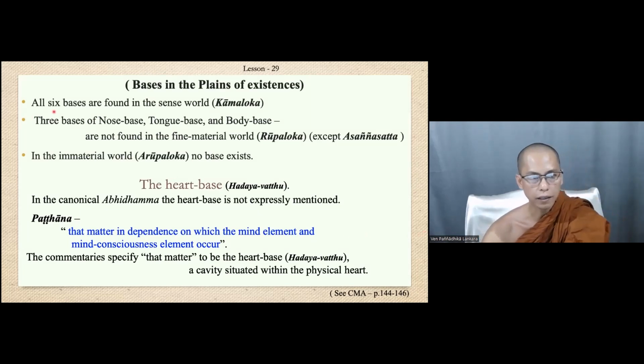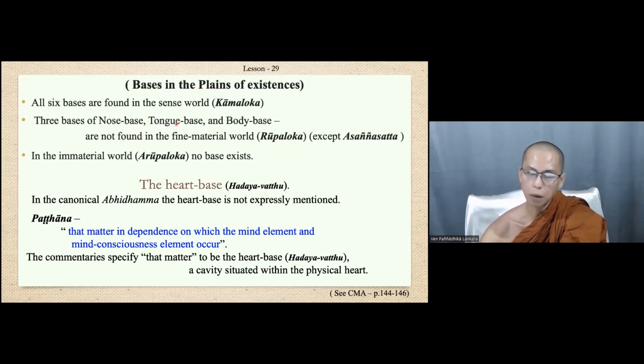So in this slide, all 6 bases are found in the sense sphere world, but this is for all. But in the 5 material sphere world, Rupa Loka, for the Brahmas, the nose base, tongue base, and body base are not found. They are totally absent. They are never found in the Brahma world.